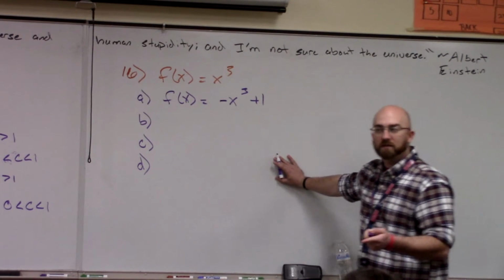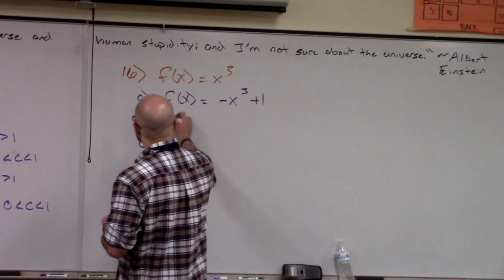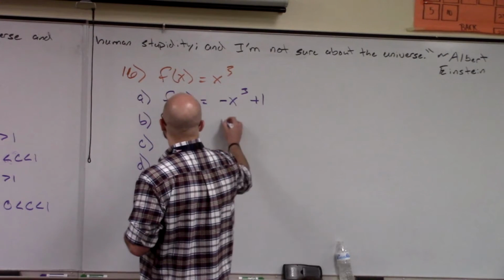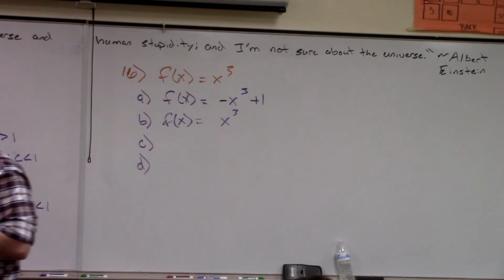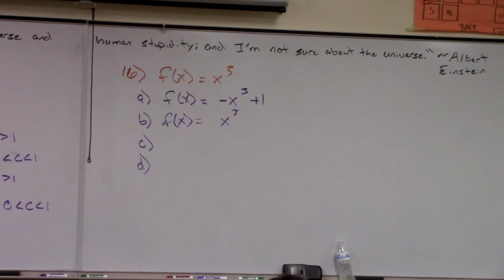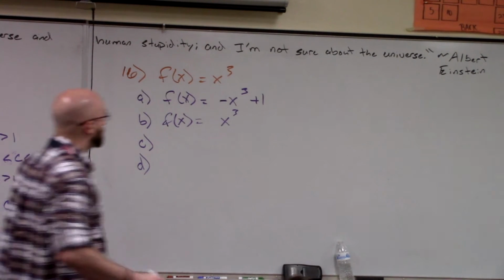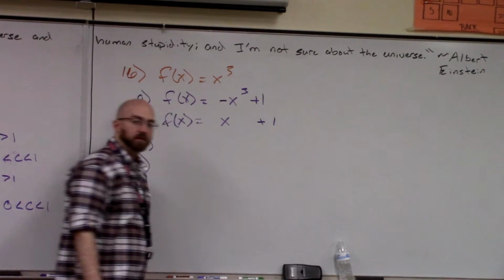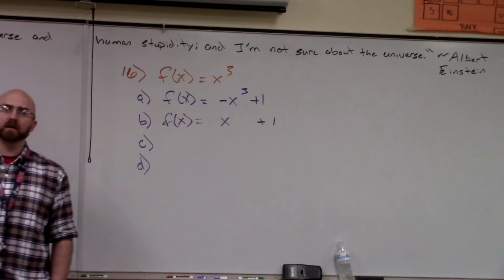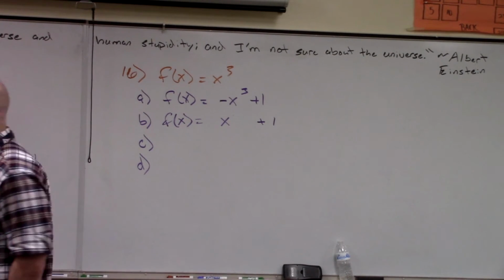Let's do part B. Does it move up or down? Up? How many? One. So we're going to put a plus 1 over here, right? Does it move left or right? It moves right, correct?